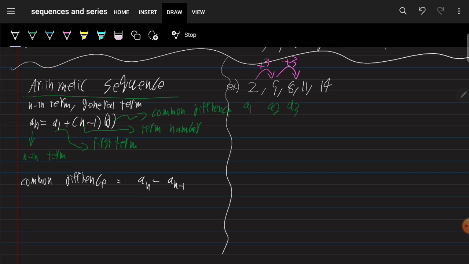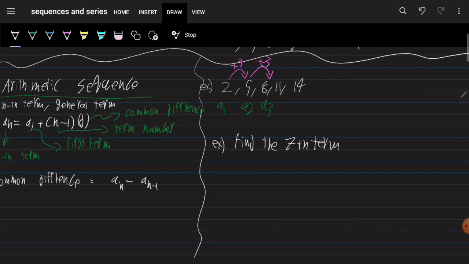So let's do an example. We'll say find the 7th term in 2, 5, 8, 11, 14, and so on.